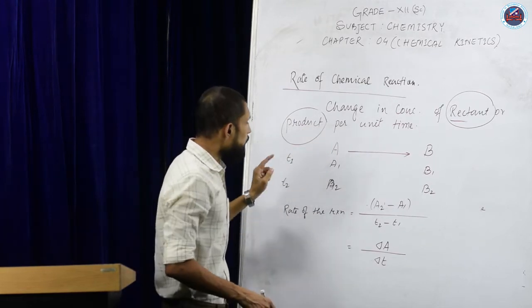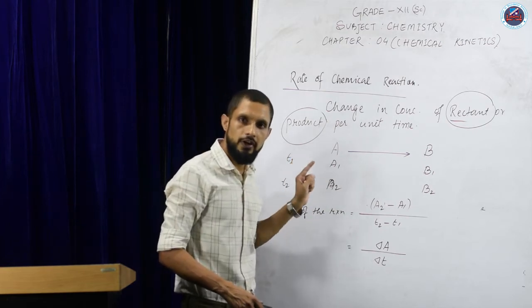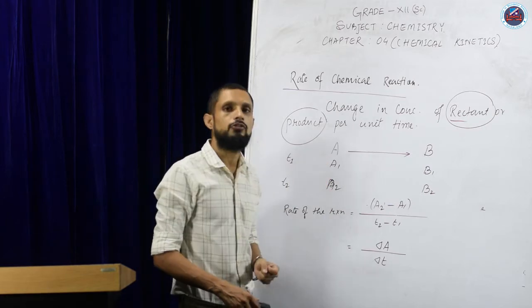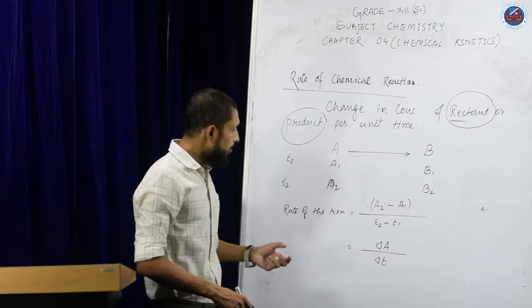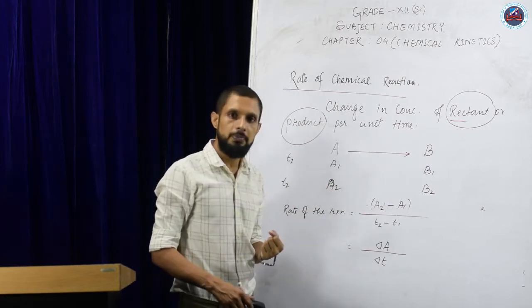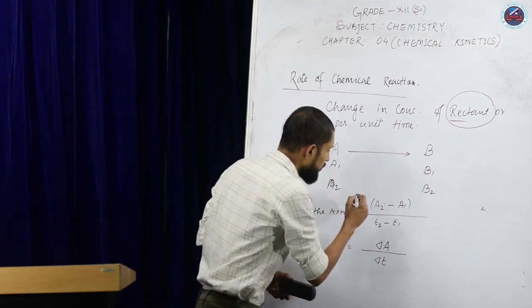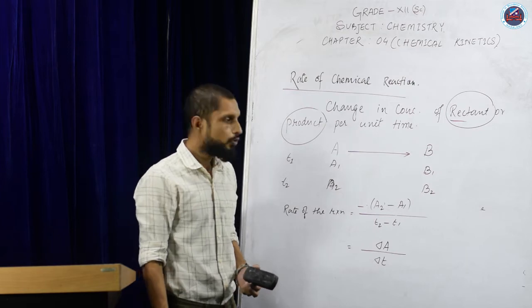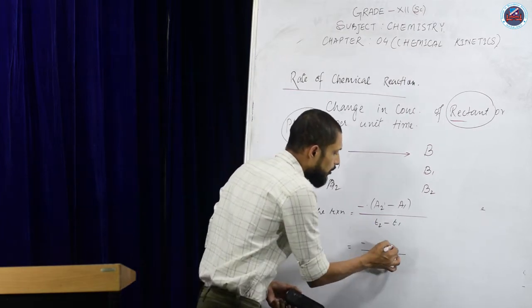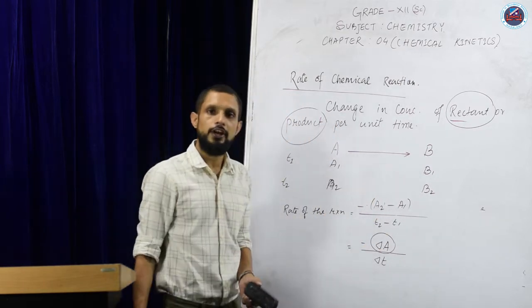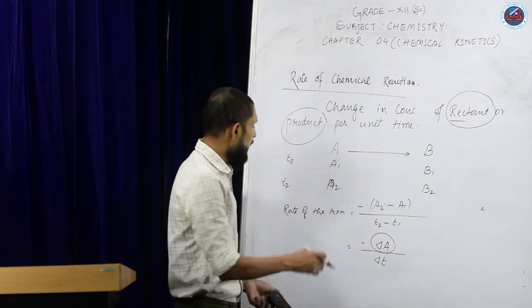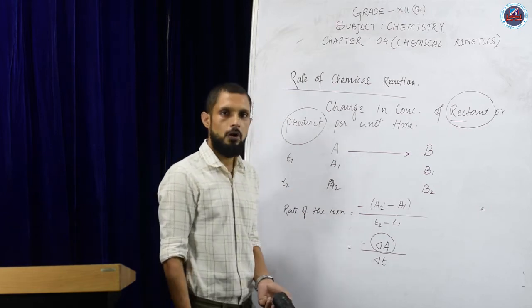That means the final concentration of reactant is always less than the initial concentration of reactant. But the rate of reaction cannot be negative. So what we do, we multiply here by a negative sign, so that the negative value of change in concentration of reactant multiplied by this negative value becomes positive, and the rate of reaction will be positive.